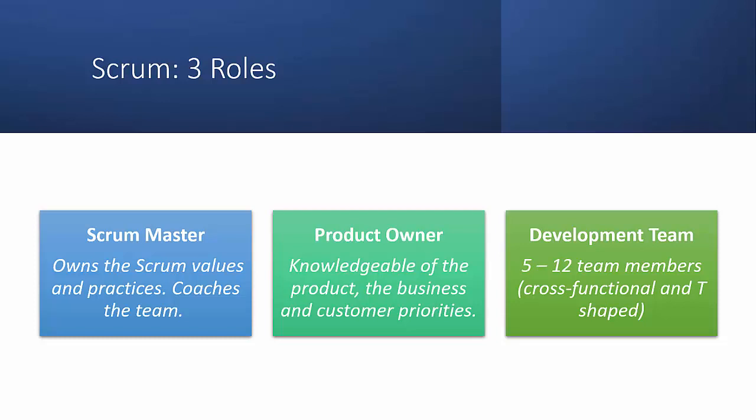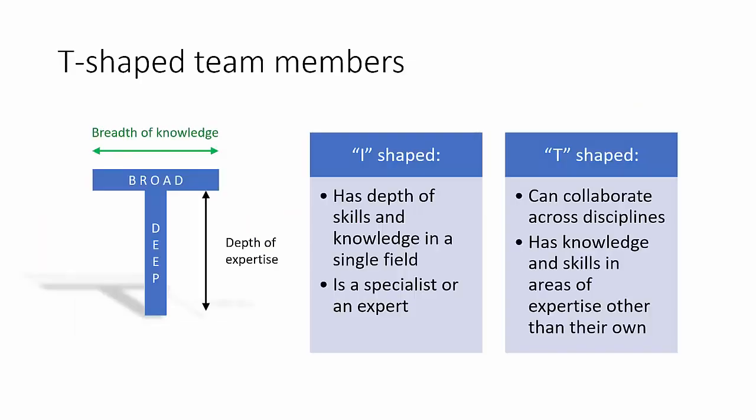Regarding the development team, we said it's a small number of people, 5 to 12 people, and there are certain characteristics relative to the type of people that we want there. We've already talked about cross-functionalities, meaning that we want people with skill sets across the board who are able, therefore, to represent all the different skills that we need in the project. But there's also another characteristic, which is that T-shaped aspect.